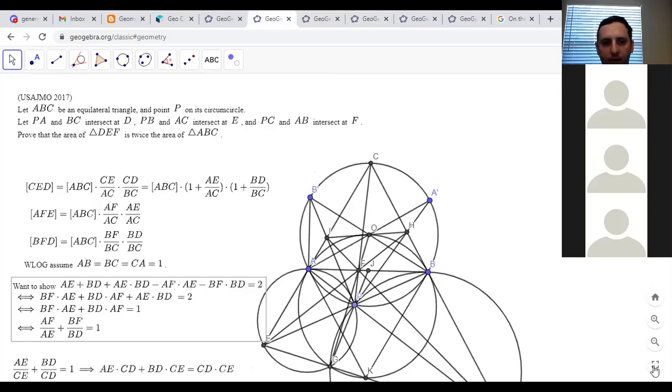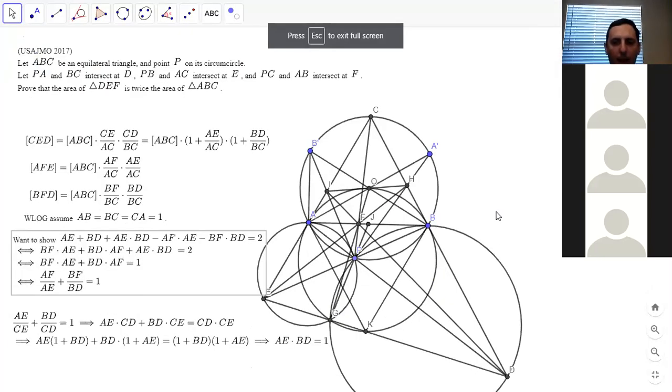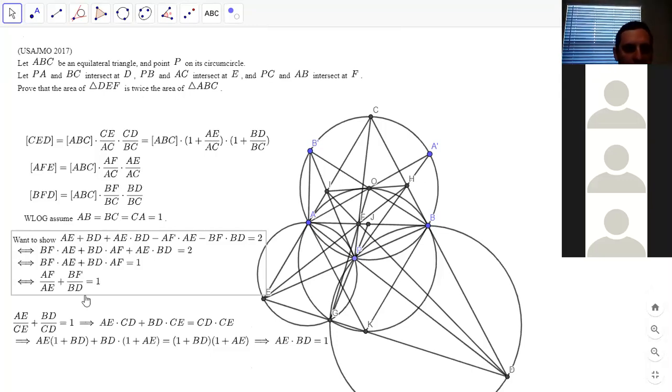Okay, let's see if we can finish it. So we got it all the way down to this: AF over AE plus BF over BB equals 1. That almost doesn't look true. AE looks like, is AE more than twice AF?